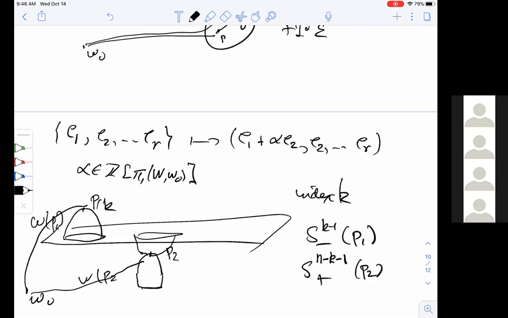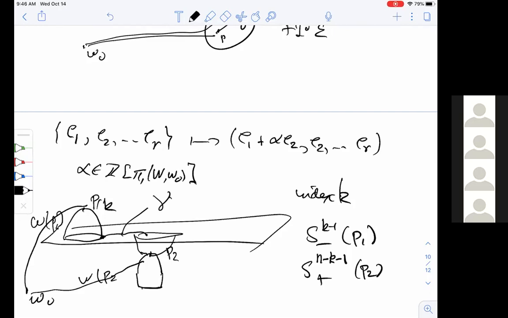So remember, the way we do the handle slide is we have to move the first one up slightly above the other critical points of index K. And then in order to do the handle slide, we need to choose a path, an arc, gamma, at this level, from the descending manifold of P1 to the ascending manifold of P2.